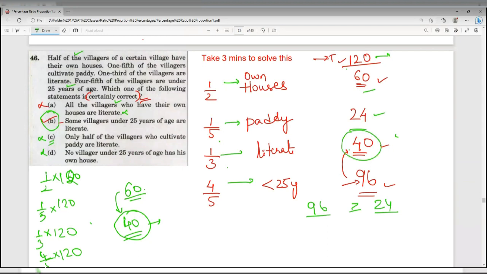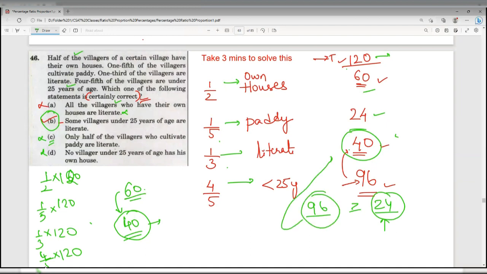So if people who are under 25 are not literate, then this should have been more than 40 to conclude that, or even to say there is a remote possibility. But since there are only 24 people who are greater than or equal to 25, and there are 40 people who are literate, there has to be some people among this 96 who are literate.